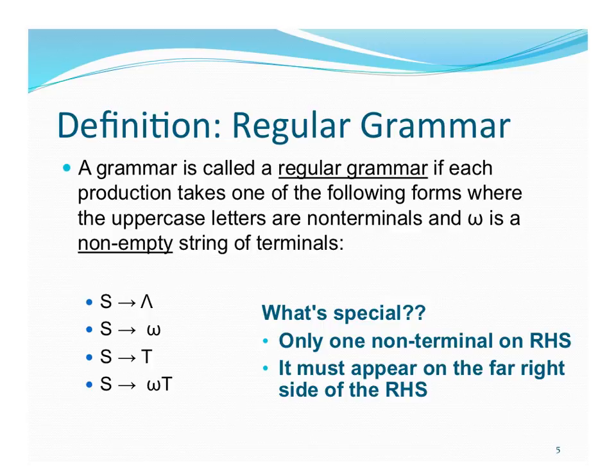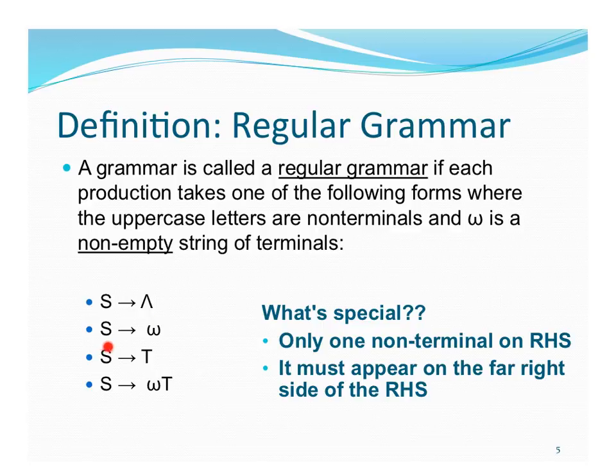We say that a grammar is regular if all of our production rules look something like this, where the capital letters are non-terminals and this omega is some non-empty string of terminals. Okay, so we can have a non-terminal going to lambda.